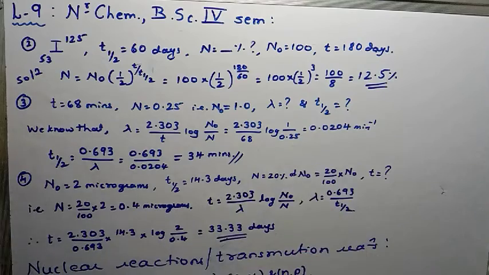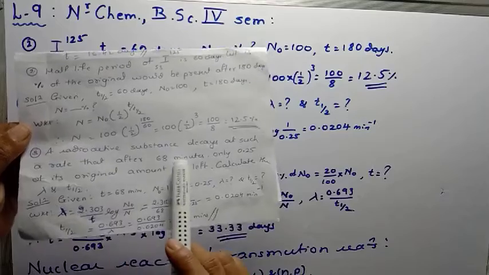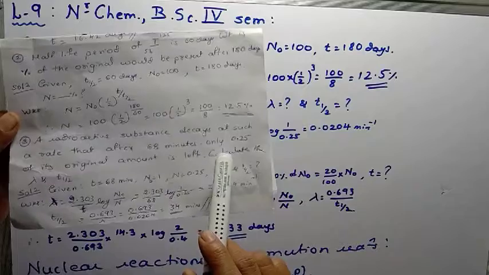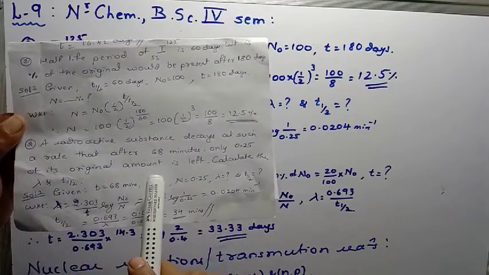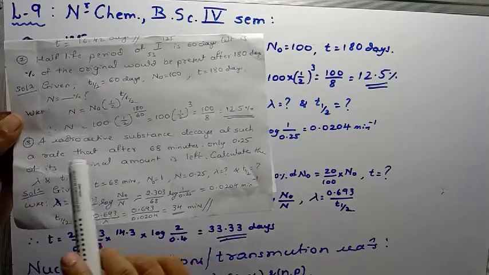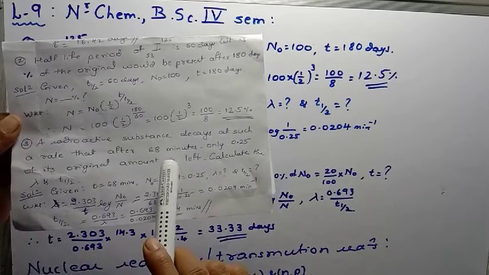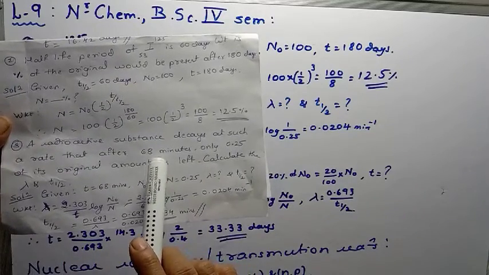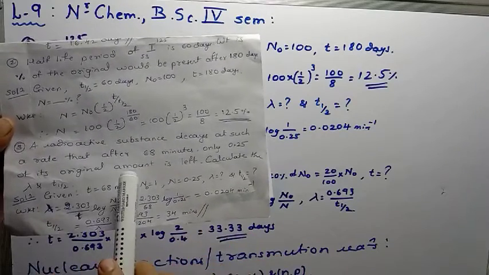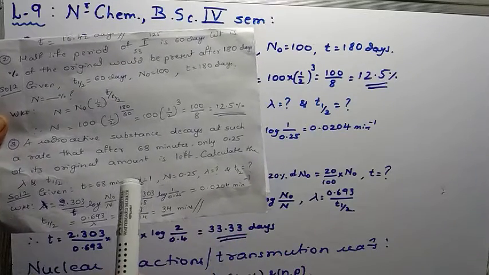Now the third problem. A radioactive substance decays at such a rate that after 68 minutes only 0.25 of its original amount is left. Calculate lambda and T half. After 68 means t is equal to 68, and only 0.25 of its original means N is equal to 0.25, so N0 must be 1.